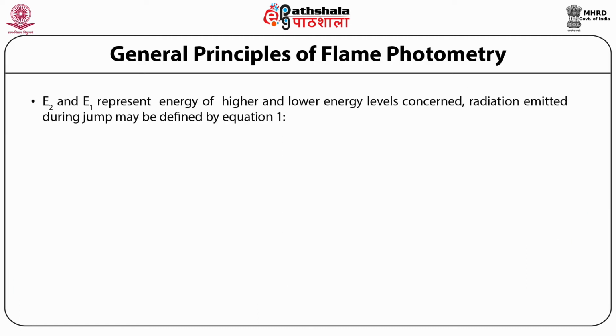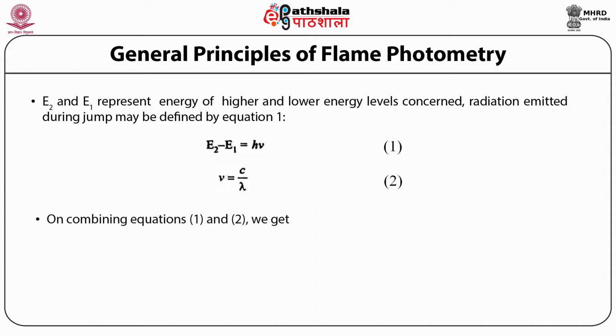If E2 and E1 represent the energy of the higher and the lower energy levels concerned, the radiation emitted during the jump may be defined by the equation E2 minus E1 is equal to h nu, where h is the Planck constant and nu is the frequency of the emitted light, which is defined by the equation nu is equal to c by lambda, where lambda is the wavelength of electromagnetic radiation and c is the speed of light, a constant.